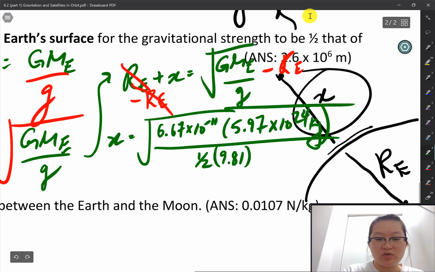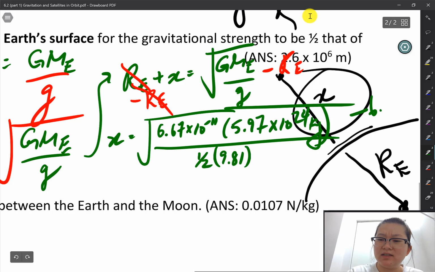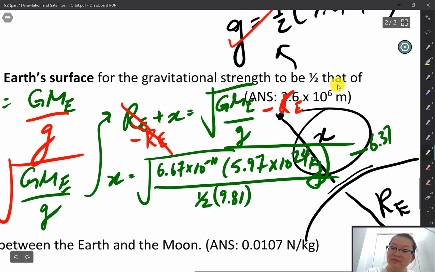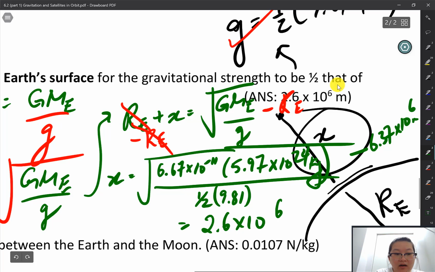Don't forget to subtract the radius of the Earth, which is 6.37 times 10 to the power of 6 meters. Putting that all in the calculator, I get 2.64 times 10 to the power of 6. Round it to 2 sig figs, that's going to be 2.6 times 10 to the power of 6. This is a distance in meters, of course.